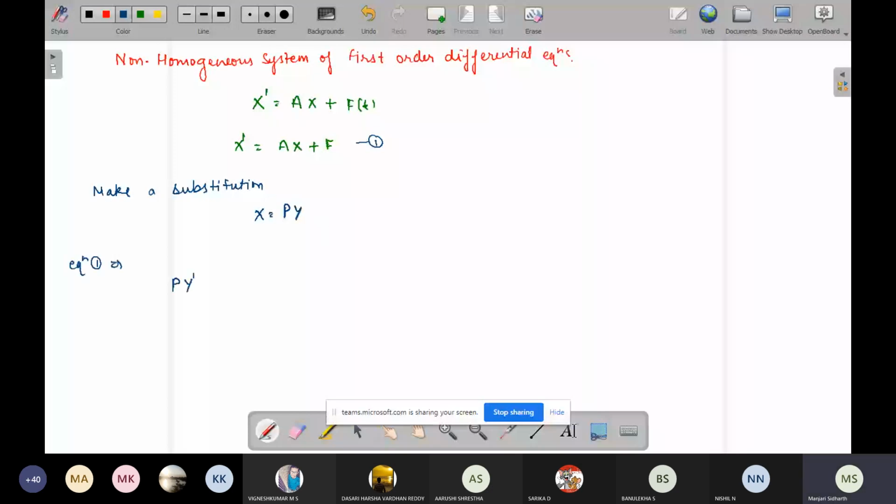When you take its derivative with respect to t, x and y are the dependent variables, so you can differentiate them, but P is a constant matrix.